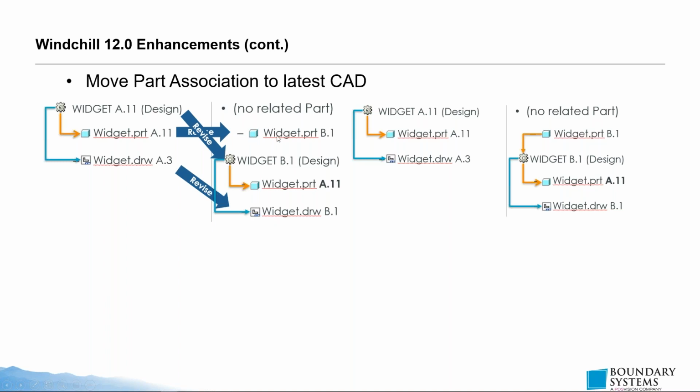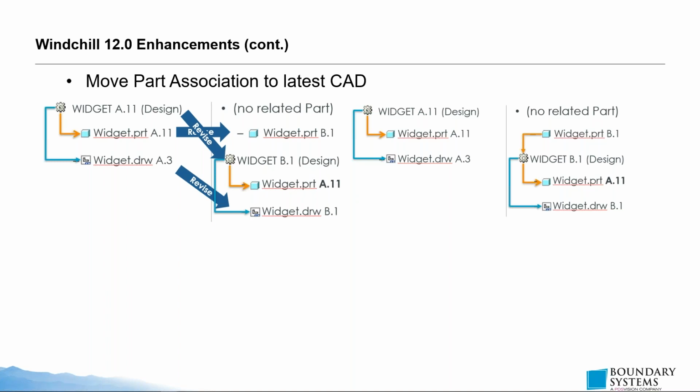So that's what we're looking at down here in the middle: the widget part is at B1 because we revised it individually, and then we went in and revised the WT part file also to B1, but in that revising, it's still connected to the A11 CAD file.